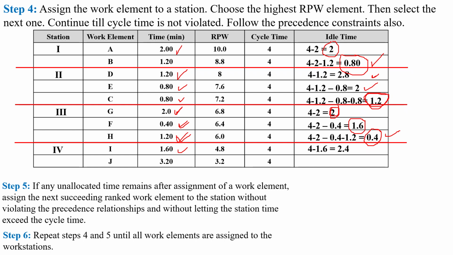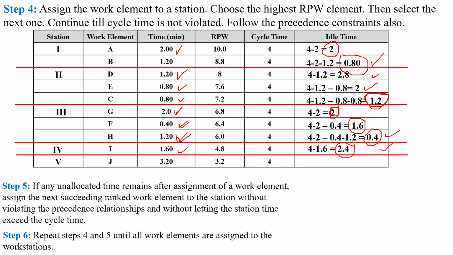Next work element is the J, 3.2, but here idle time is only 2.4. So we can't add the work element J in the fourth workstation. Then I have to close the fourth workstation with only one element, that is the I, and its idle time is the 2.4. So next we have to start the new workstation.